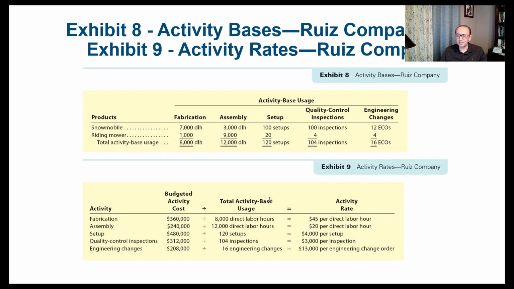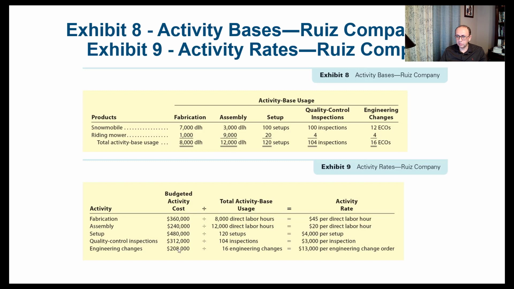And these are the total activity base usage. Notice that for fabrication and assembly we're using direct labor hours, but for setup, inspections, and changes, these are not direct labor hours anymore. We have setups, inspections, and engineering changes, and these are the total numbers that I was telling you about. That's why I was saying these are important numbers.